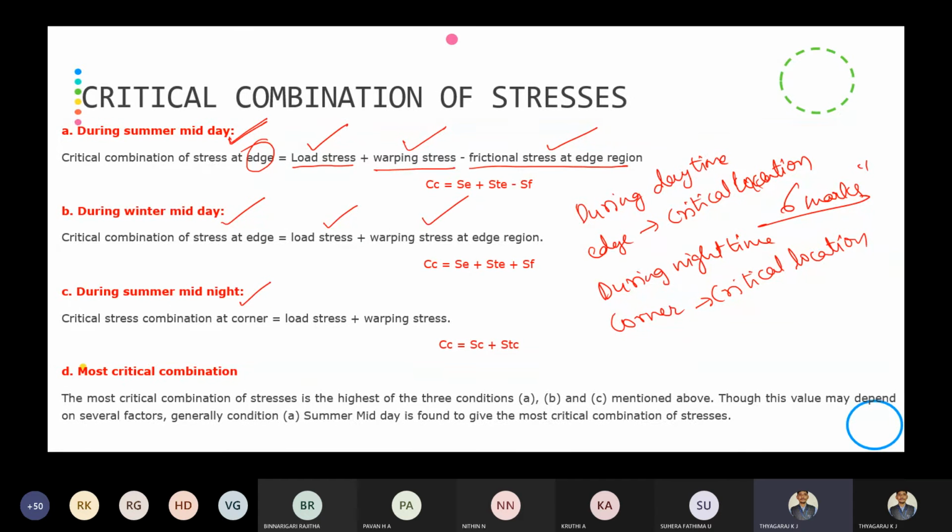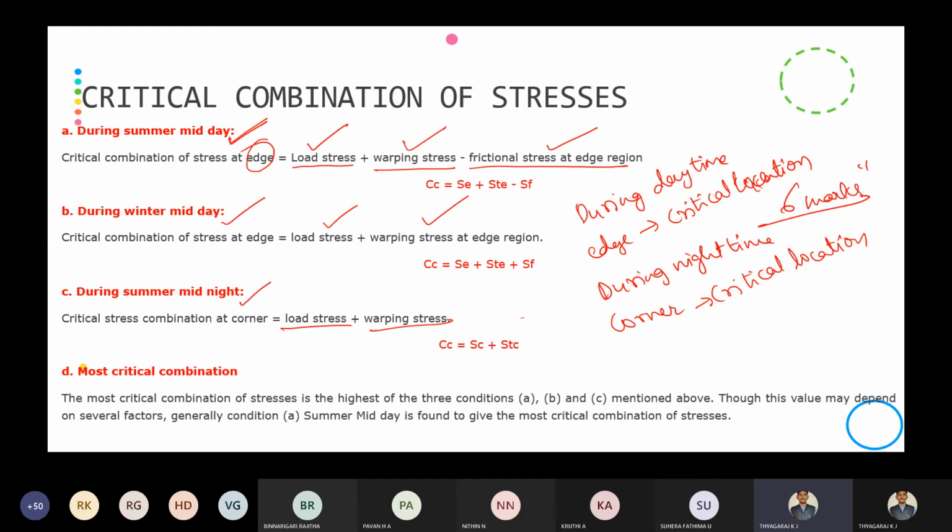Okay, then during winter in the midday portion, we will have this load combination or critical combination of the rigid pavement. Then during midnight, during night time, only the load stress and warping stresses will be there.